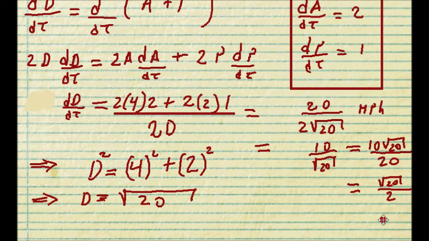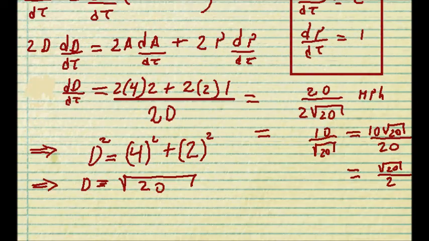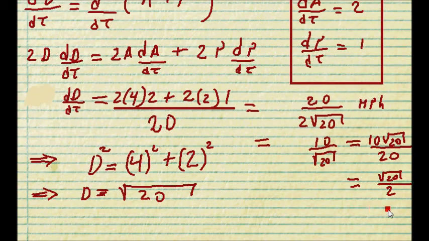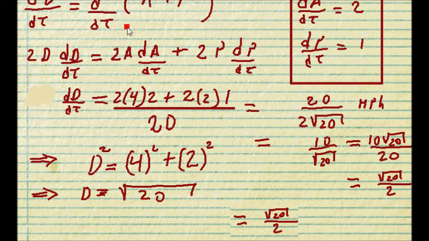So the answer is this, in miles per hour. D is changing at this speed, the direct distance. So that is the solution to the problem. Thank you for listening.